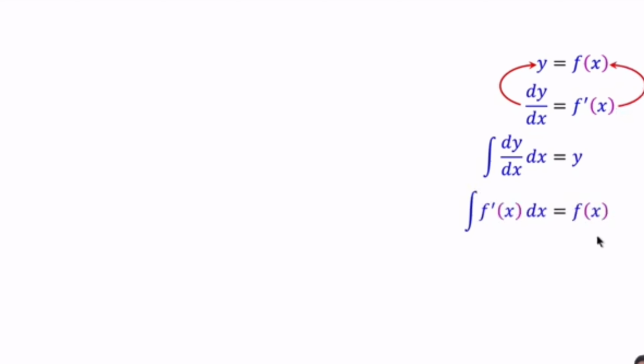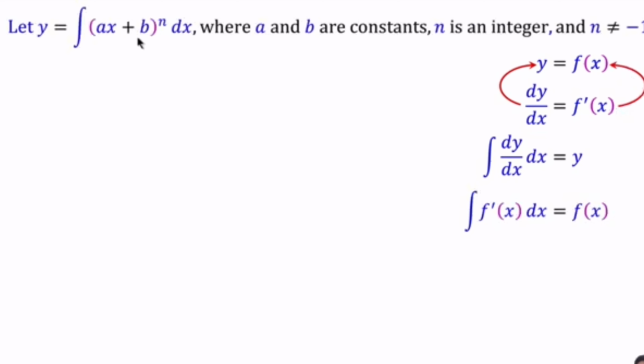So when you integrate f prime x dx, you will get f(x). So let's say y is equal to the integral of (ax plus b) to the power of n dx, where a and b are constants and n is an integer, and n cannot be equal to negative 1.